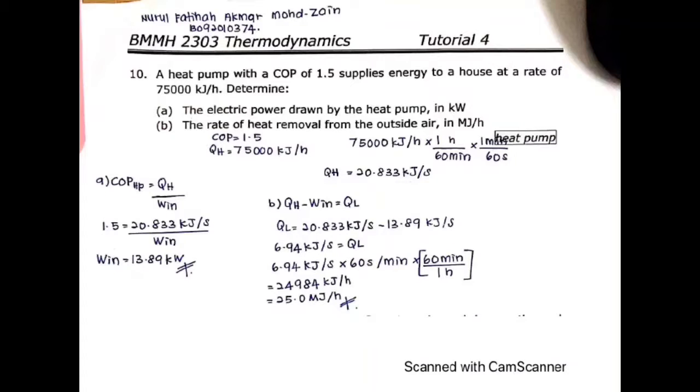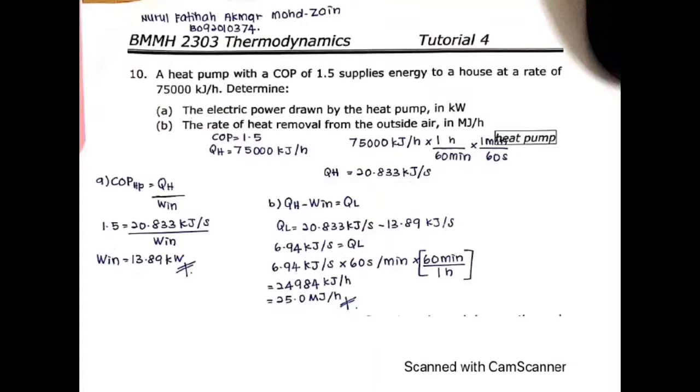Next, substitute the value of COP and QH into the equation to get the value of W in. The value that we get is 13.89 kilowatt. The next is the rate of heat removal from the outside air in megajoule per hour.